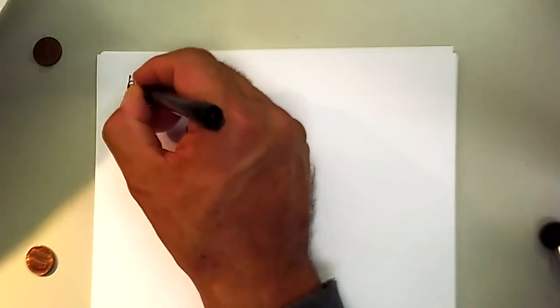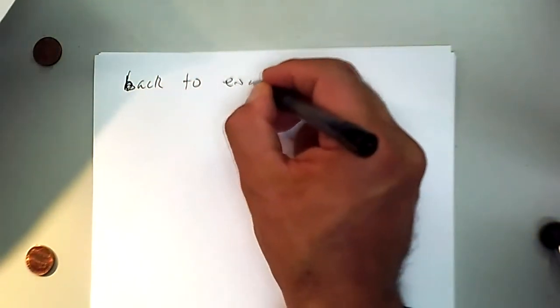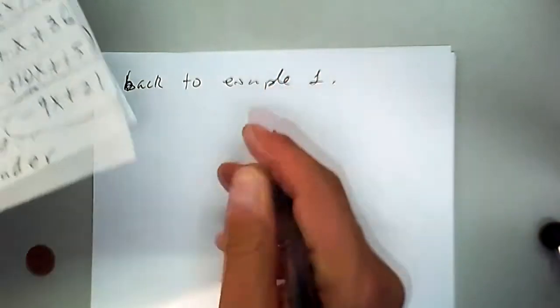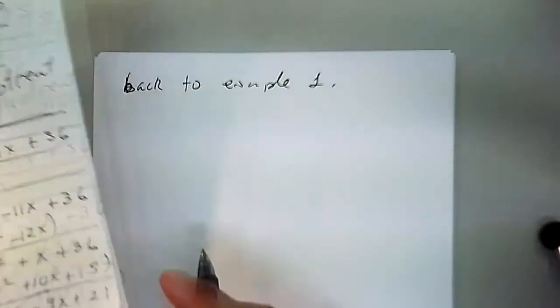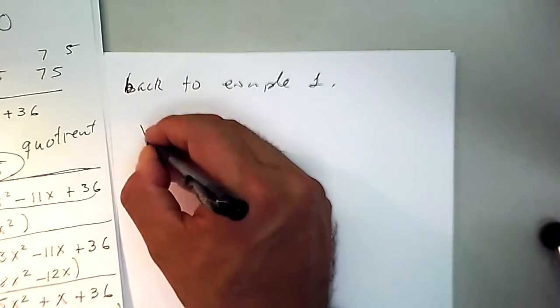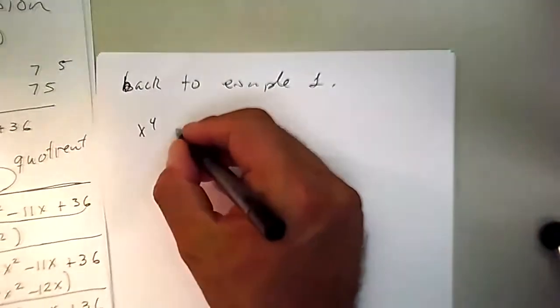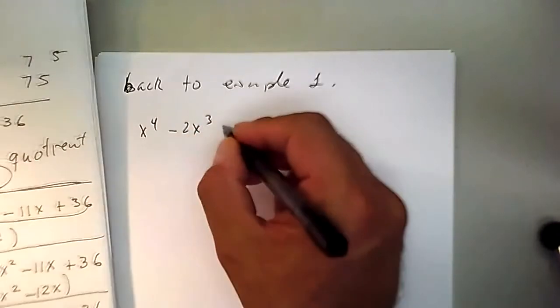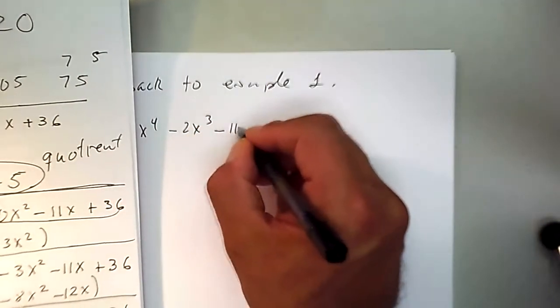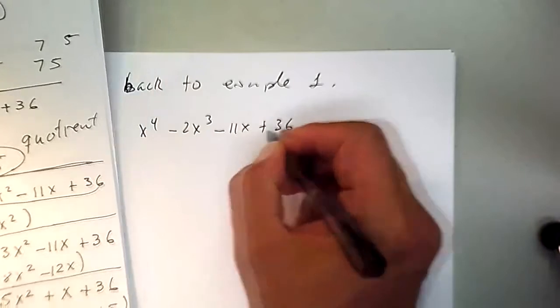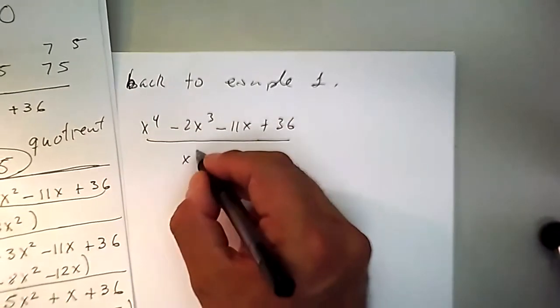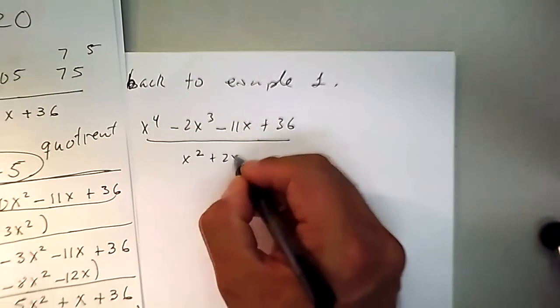So going back to example 1. Let's go back to this: x to the 4 minus 2x cubed minus 11x plus 36, divided by x squared plus 2x plus 3.